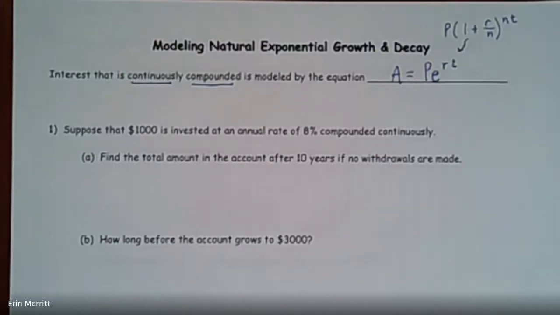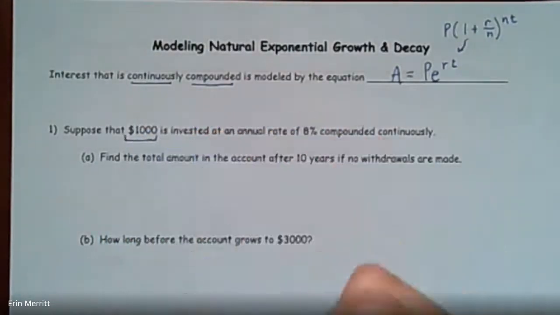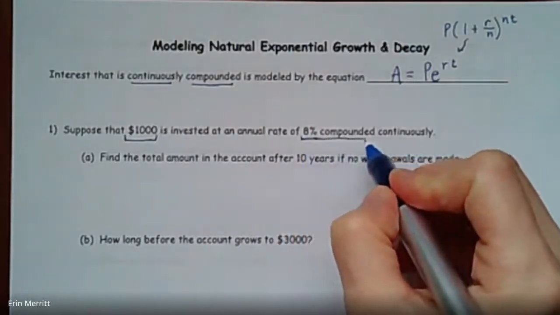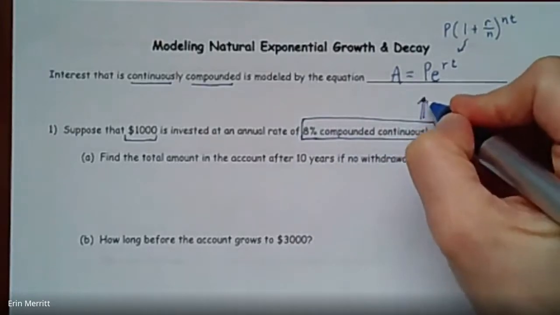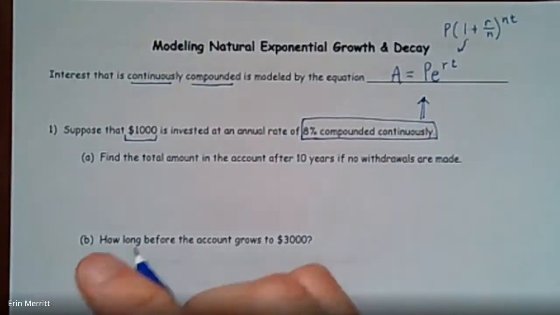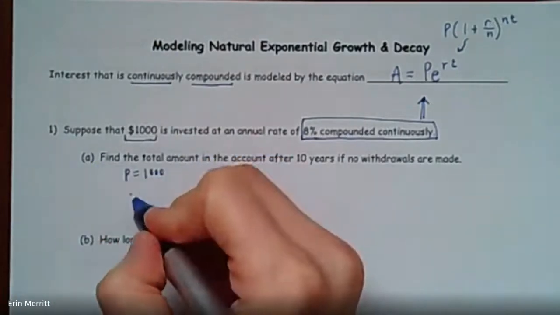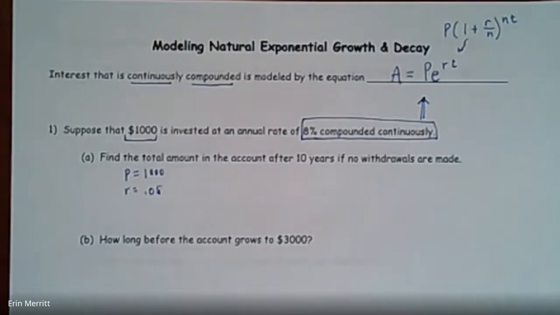It's very easy to use, so let's try it. It's saying suppose that we have $1,000 invested at an annual rate of 8% compounded continuously. All right, that is our code word to know that we're going to use the PERT formula here. So this P value, that's 1,000. The r value still goes in as a decimal, so change that to 0.08.